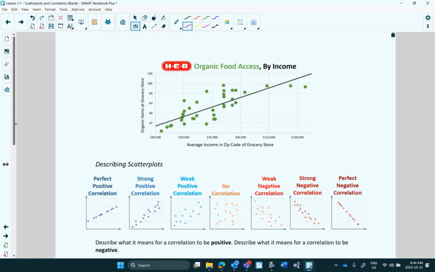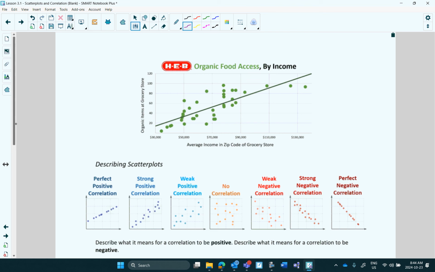So we can see here, this one's a little over 30,000, and that's the second one we talked about, where the income was 34,000 and the number of organic items offered was 4. And then up here with a high income area where the income is over 130,000, they're offering close to 100. And then we've got all the data in between.